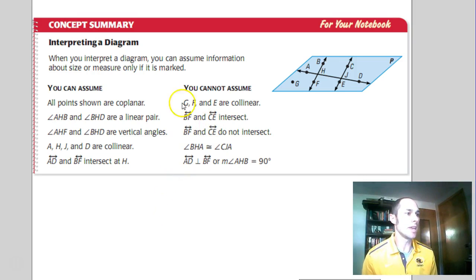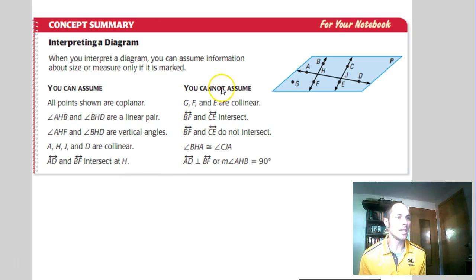We talked about how A, H, J, and D are collinear because they are connected with a line. And line AD and line BF intersect at H since they are labeled there. I already mentioned we can't assume that G, F, and E are collinear, because they're not connected by a line.